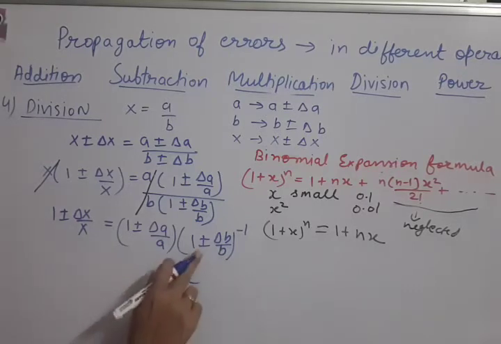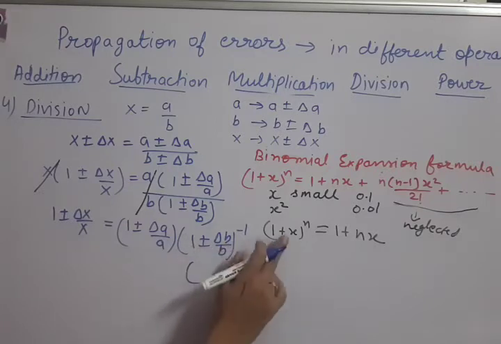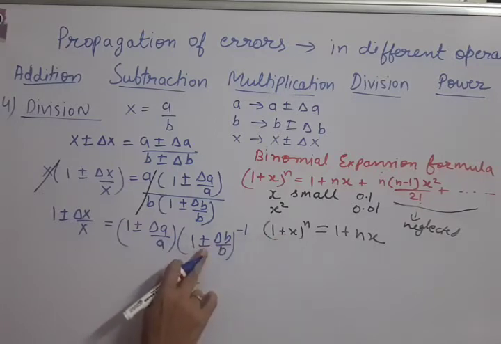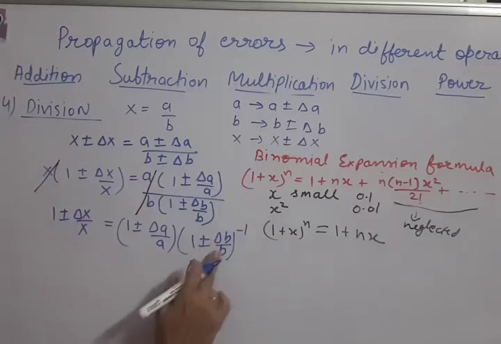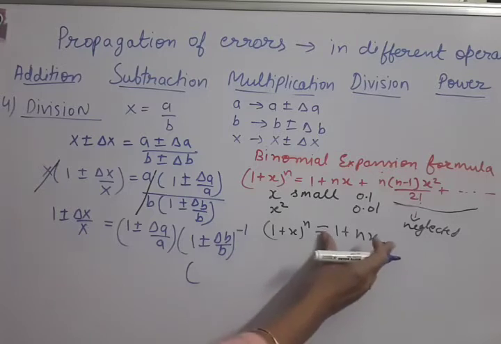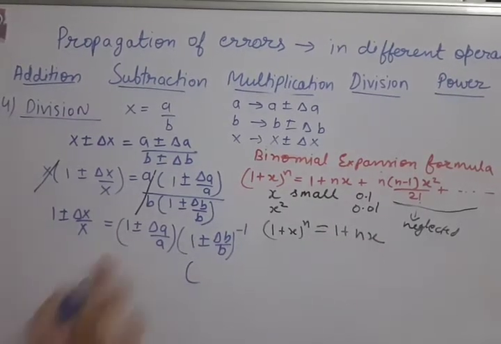Let us apply it. In place of plus we have plus minus. For us, x is delta b upon b and n, the power, means minus 1. The short answer, or approximated answer, is 1 plus nx.